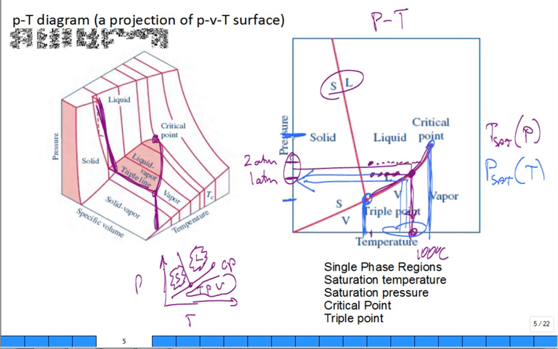All right. So we talked about the single phase regions, the saturation temperature, the saturation pressure. What's the saturation temperature? Give me the pressure at which it's going to be changing phase, and I'll give you that temperature, that saturation temperature. There's one and only one saturation temperature for a given pressure. If I say it's at 1 atm, somebody says, well, tomorrow it may boil at 110 degrees, not 100. That's not true. It's going to boil at 100. There's only one saturation temperature for the given pressure.